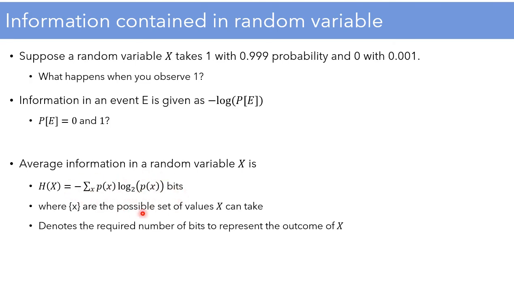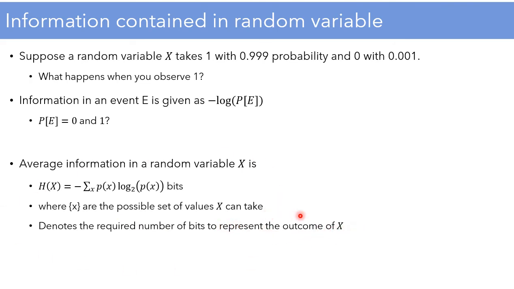This is also the average uncertainty in the random variable x, and once we know the outcome, this is the average information we get. And this also denotes the required number of bits that can represent the outcome of x.